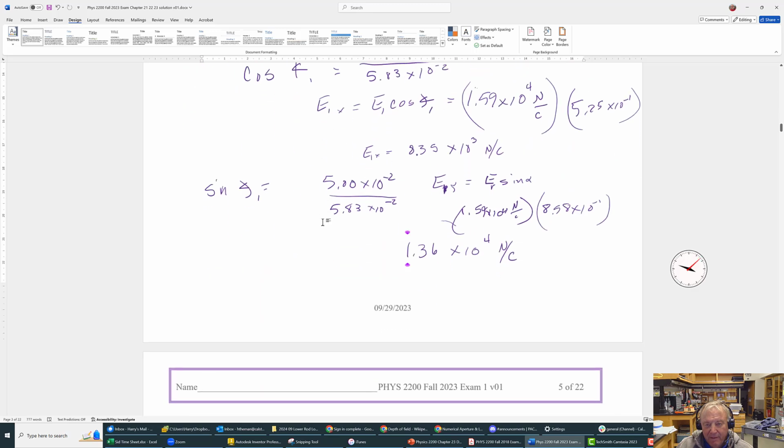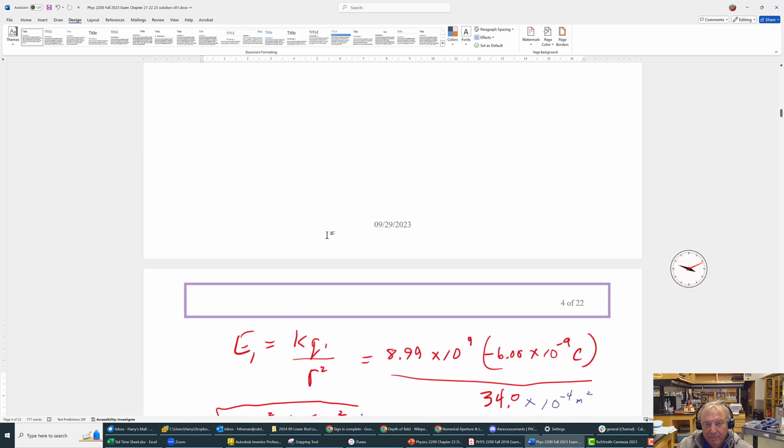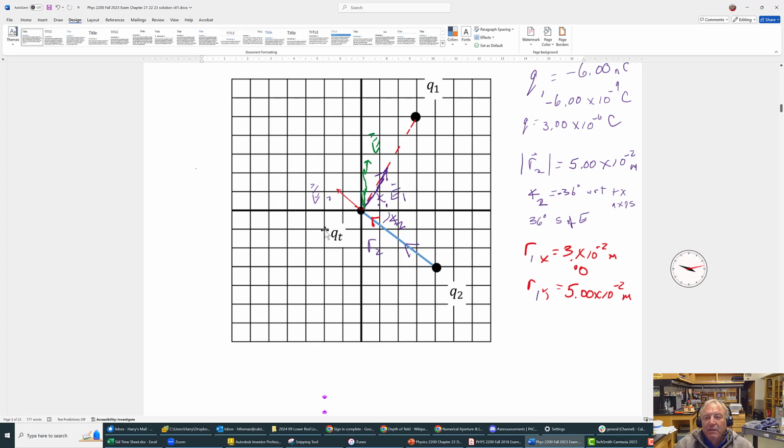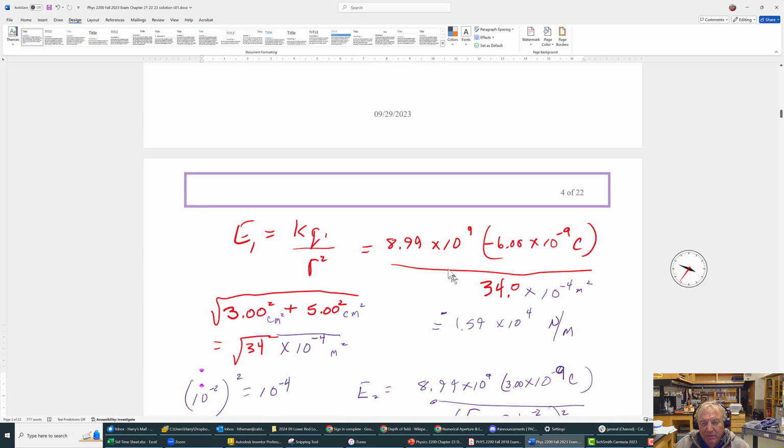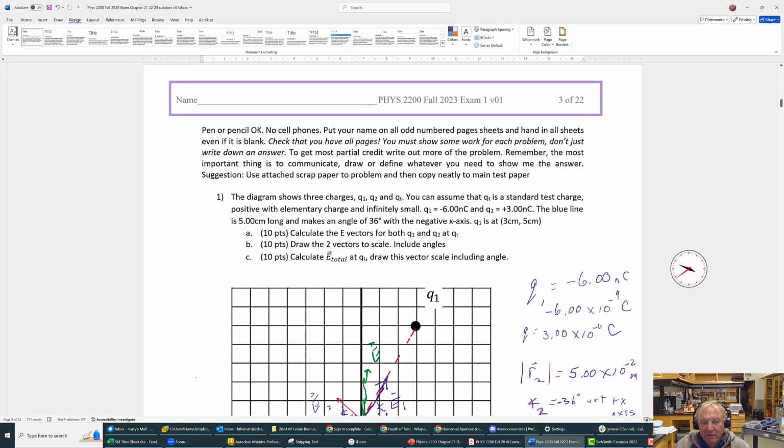Okay, then now in this case, what can we do? Oh, we know the angle, and we see their opposite internal angles here. So that's going to be equal to angle 2 at the same time. And we can get the components for that and then add them together. Calculate E total at Q. Draw this vector including scale.